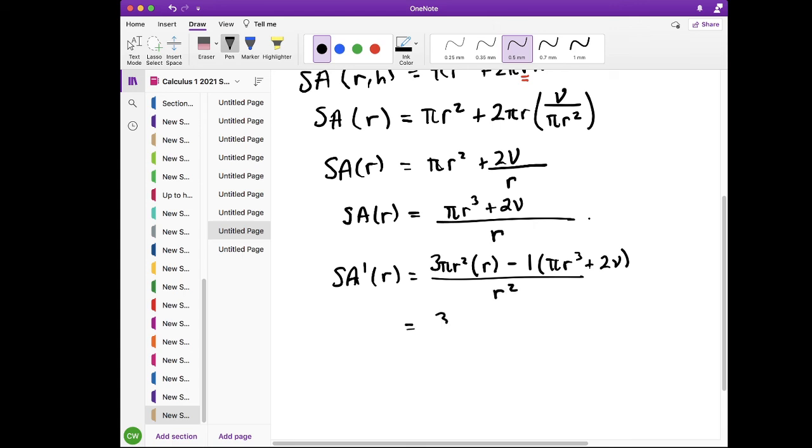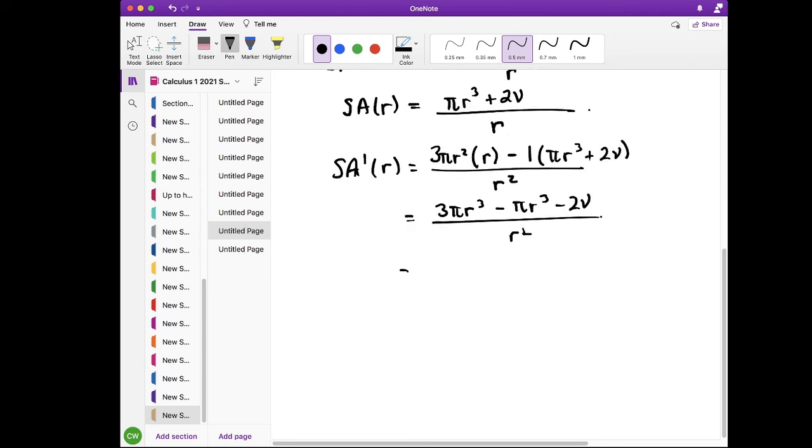Okay, so we have 3 pi r cubed minus pi r cubed minus 2v over r squared. So this is 2 pi r cubed minus 2v over r squared, or 2 times pi r cubed minus v over r squared.